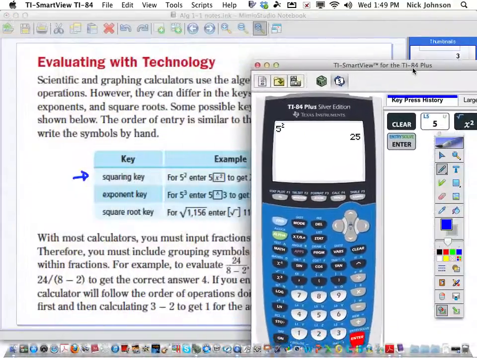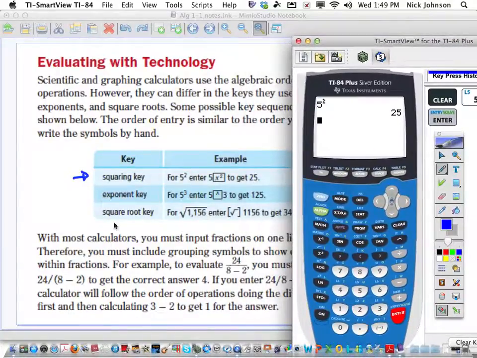The next thing is our exponent key, because you don't have a cube key, which is to the third power. You don't have a 4th root key or a 5th root key, so on and so forth. So anywhere after the squaring key, you have to use this exponent key. The exponent key works the same way, except you're going to get a little caret top in your calculator.